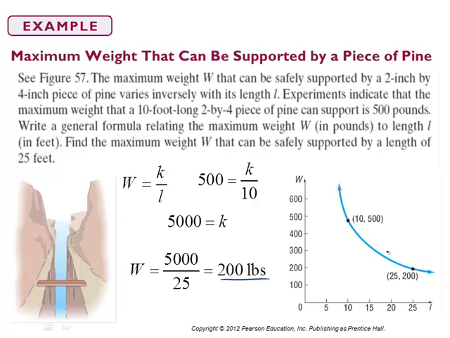Here's a graph of this function, well, this function when W is 5,000 over L. And this shows that when the length is 10 feet, the maximum weight is 500. But when the length is 25 feet, the maximum weight is 200.